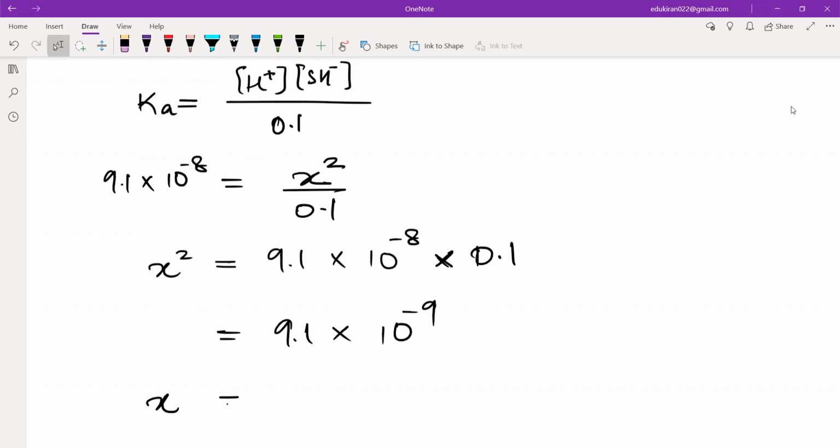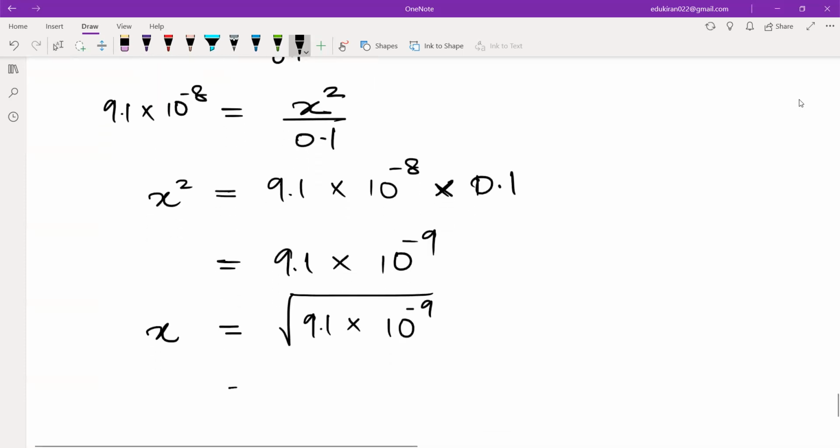So x will be equal to root of 9.1 into 10 to the power minus 9. So root of 9.1 into this will be how much? Okay, 10 to the power minus 4.5. Correct, guys? Any problem?